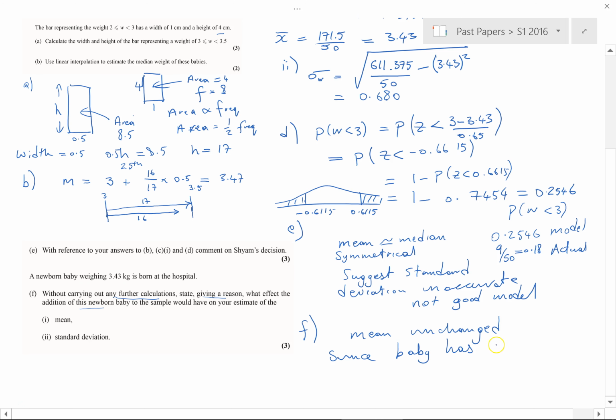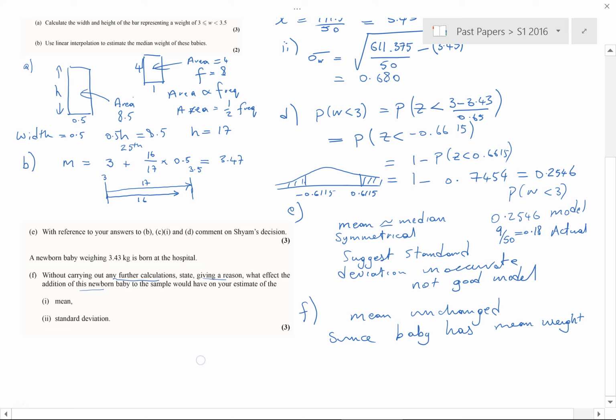You know, we've got a bunch of people with average age 50. You put another one in who's 50, then of course the average remains at 50. So that's pretty straightforward.